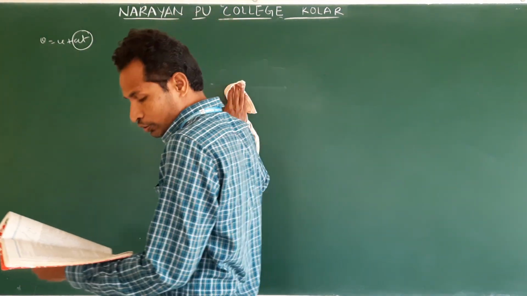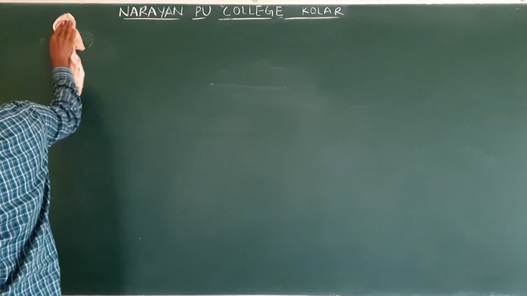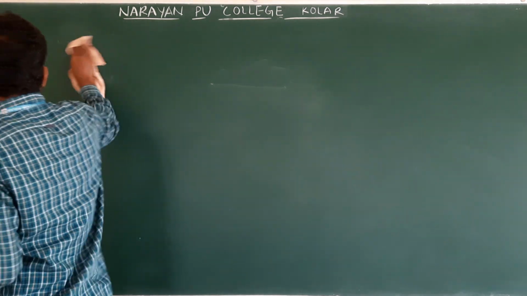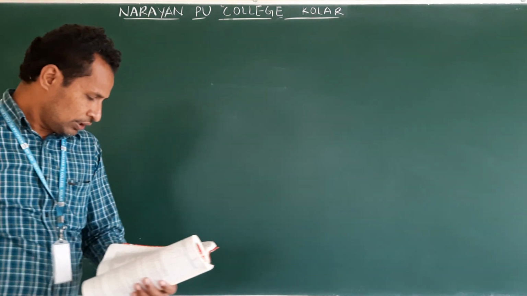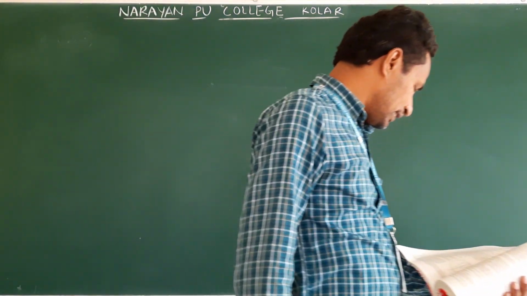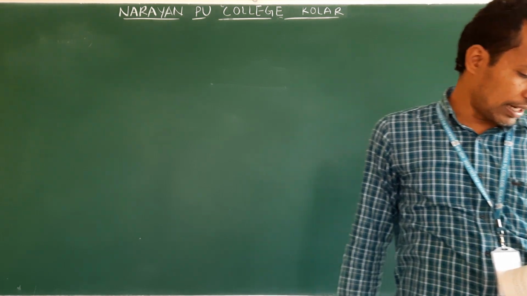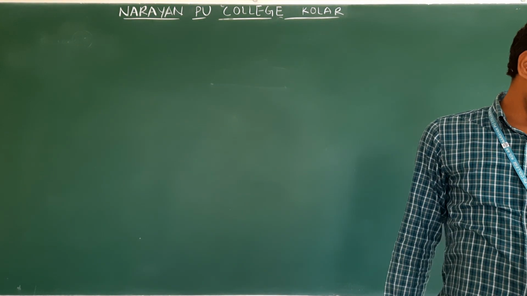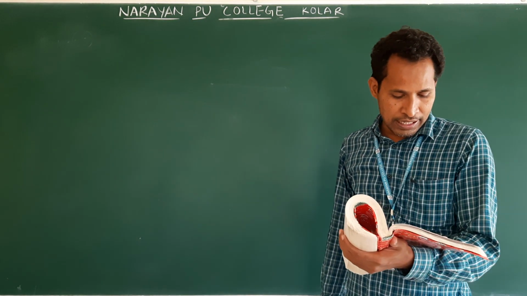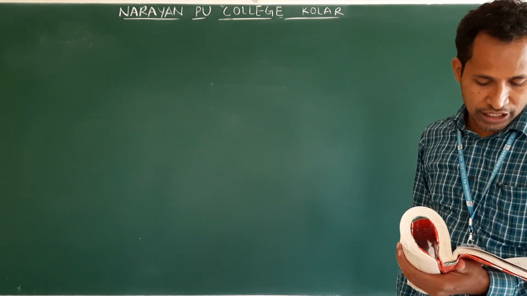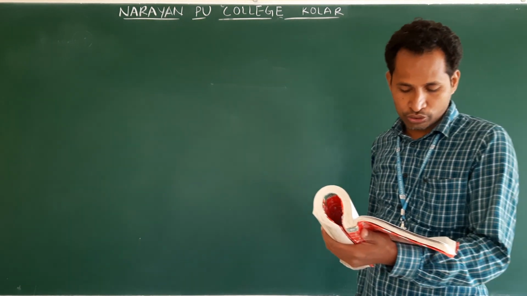Clear? Now come to problem number 8. Three girls skating on a circular ice ground of radius 200 meters start from a point P on the edge of the ground and reach Q, diametrically opposite to point P, following different paths shown in the figure.